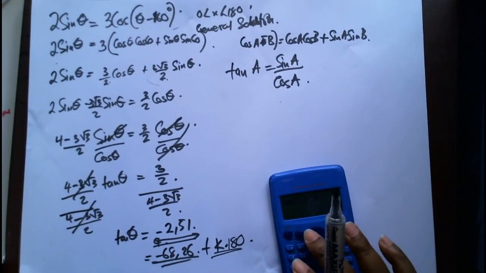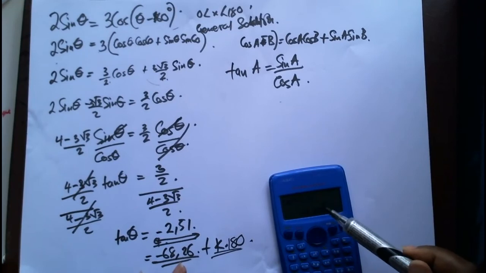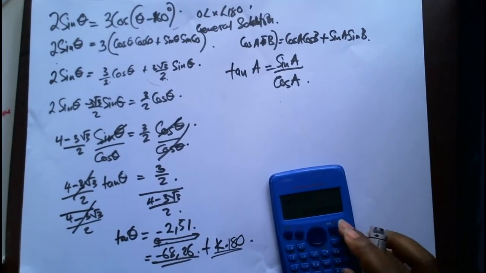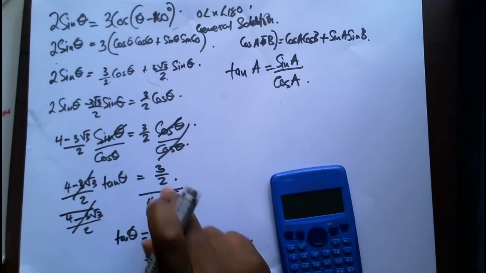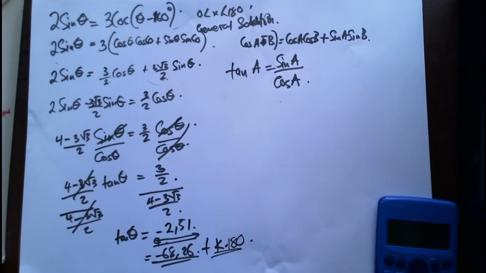Let's check if there is no negative. If you don't put a negative, you get 68.26. But if you put a negative, it will give you this. So make sure you do your divisions correctly. This is important.